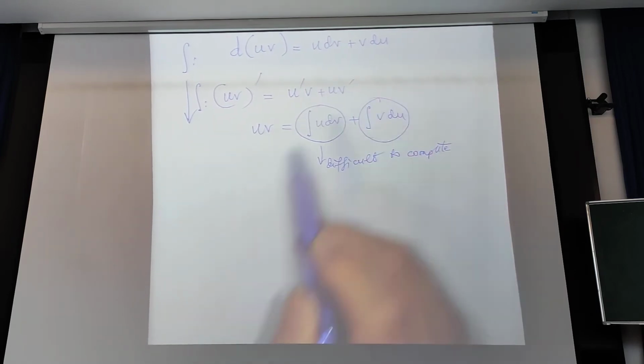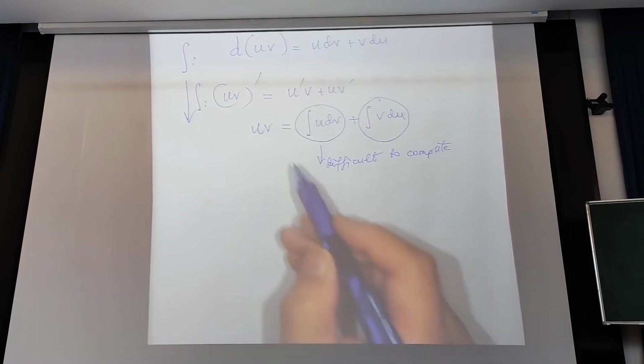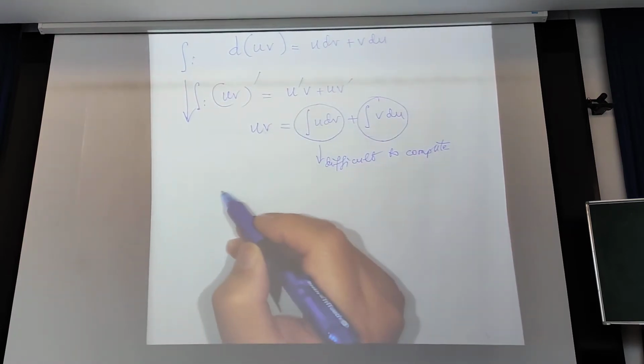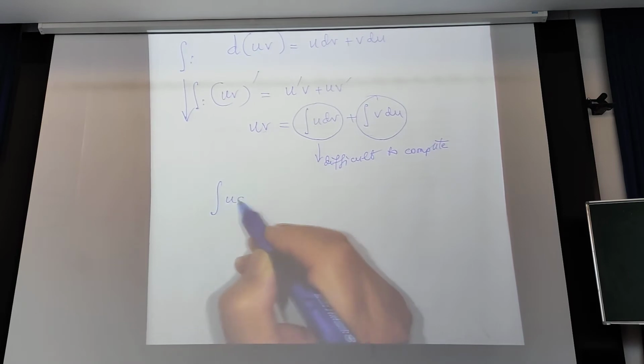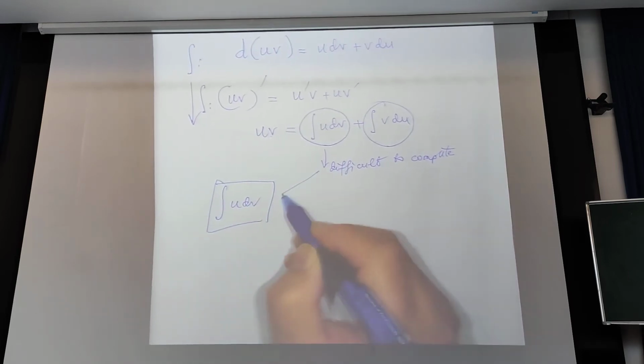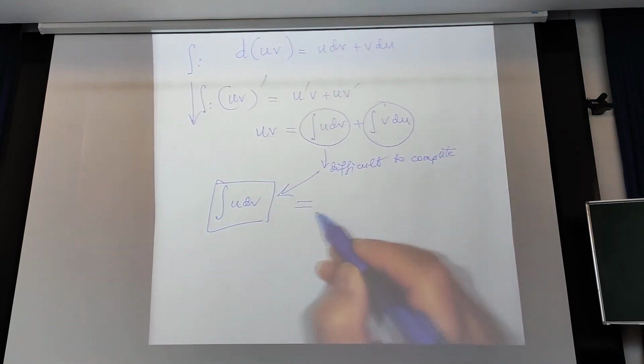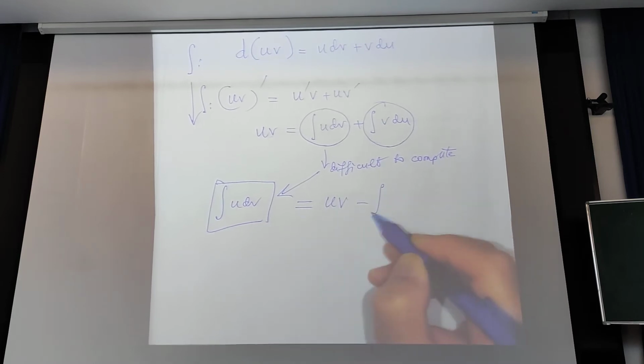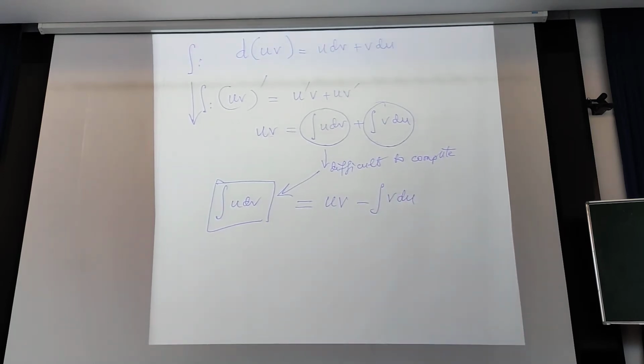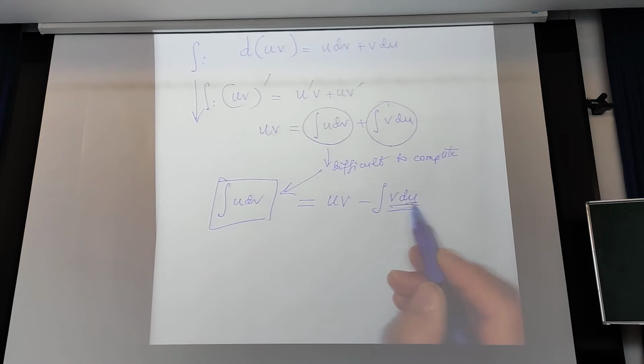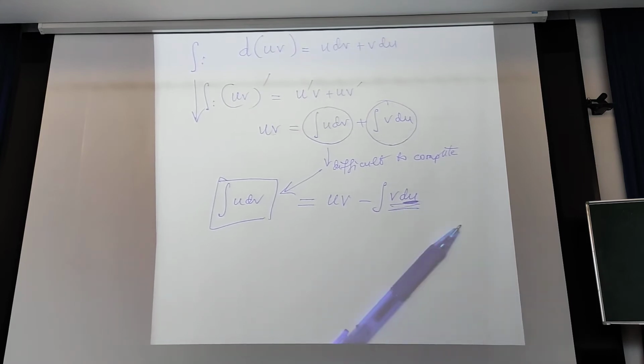You take this integral, maybe easier, and then subtract from uv. That is, if u dv is very difficult to compute, you can change to uv minus integral v du. Maybe easier because now the differential is with respect to u.